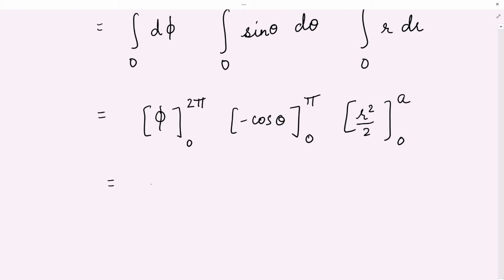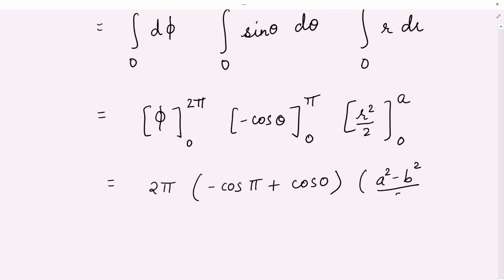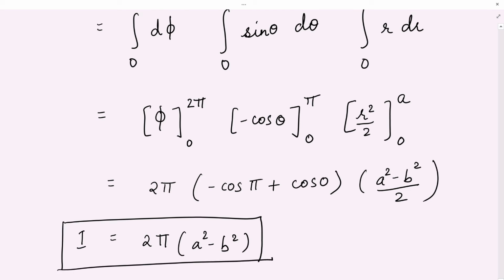You will have 2 pi, minus cos pi plus cos 0, and a square minus b square by 2. So 2 will get cancelled, and here you will have one more 2. So the final answer for the integration is 2 pi times a square minus b square.